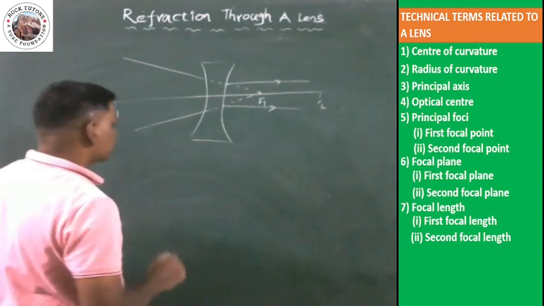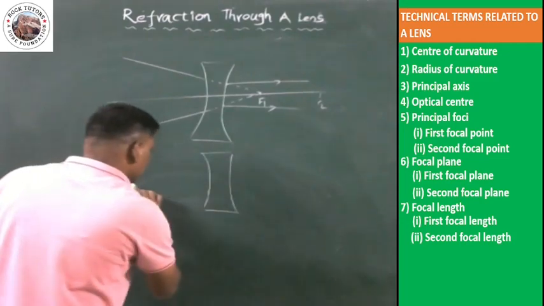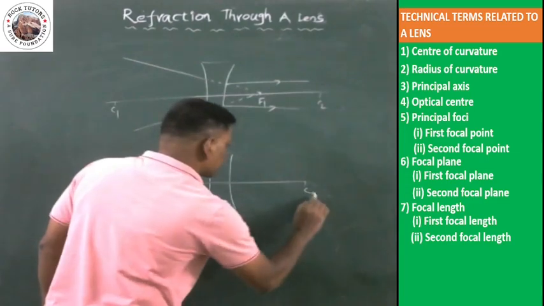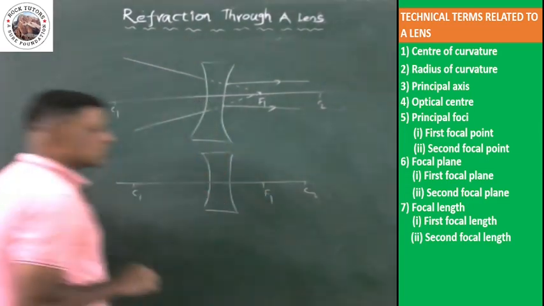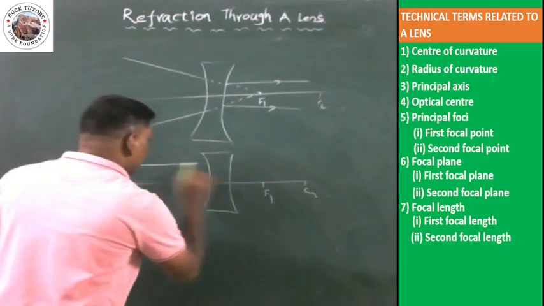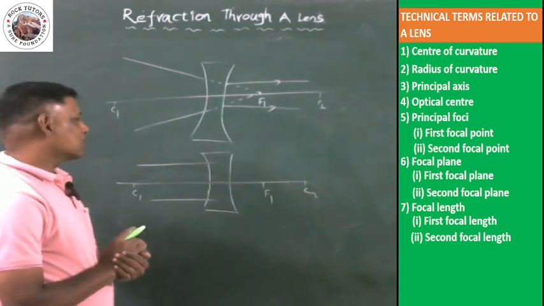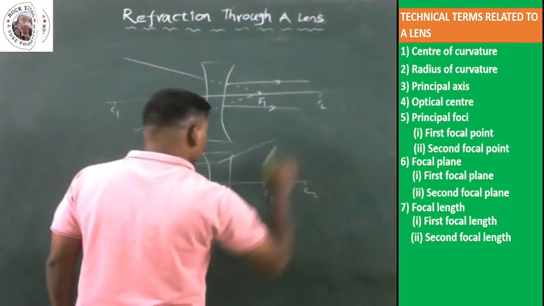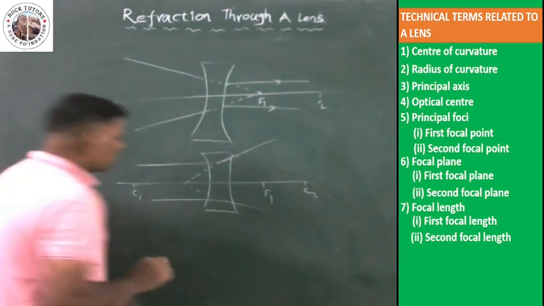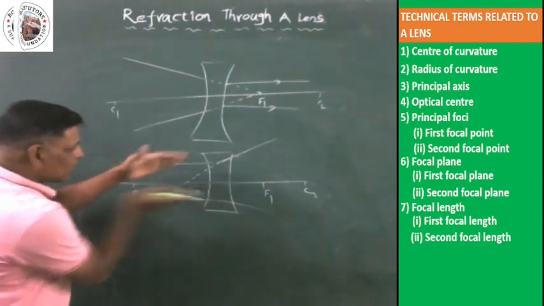Second focal point. This is C1, C2, this is F1, just now we discussed. Now the rays are parallel to the principal axis. If I extend back, from a point on the principal axis it appears that they are diverging.